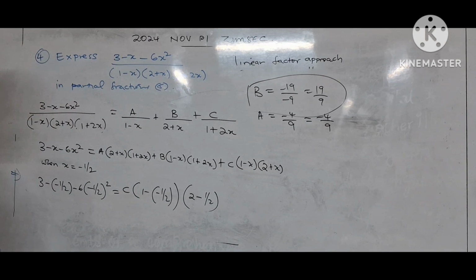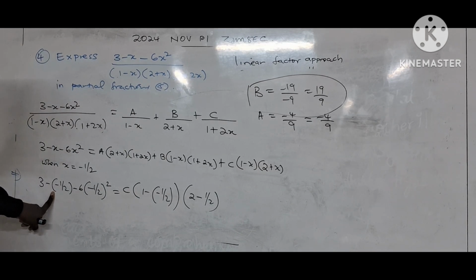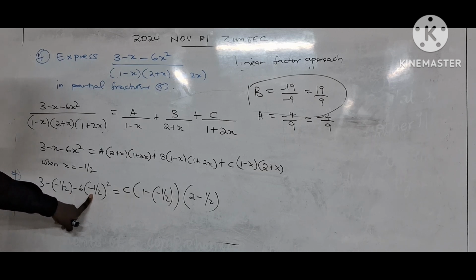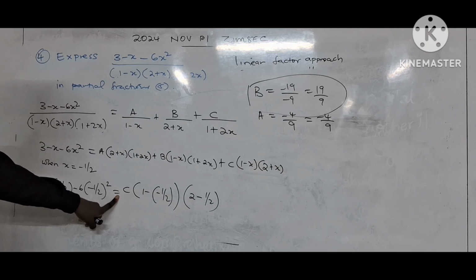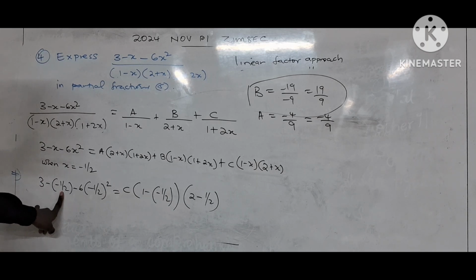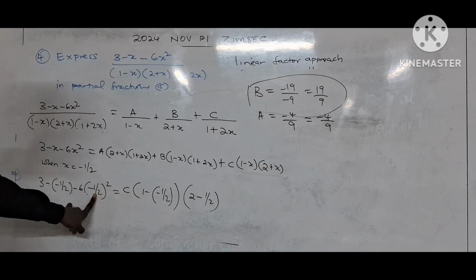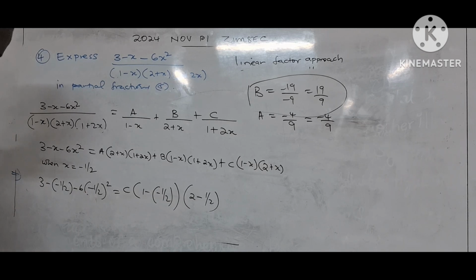Now, this is 3 plus half minus 6 into 1 by 4. Here I think I made a mistake.